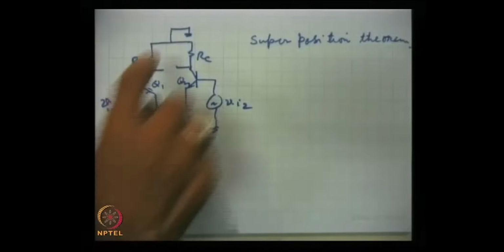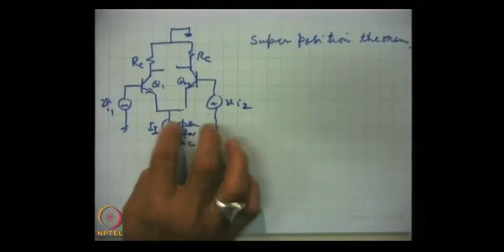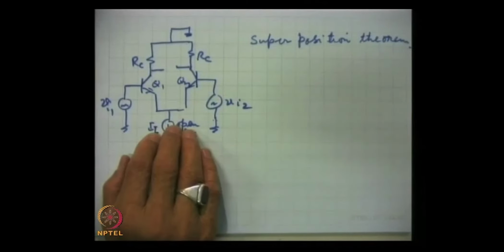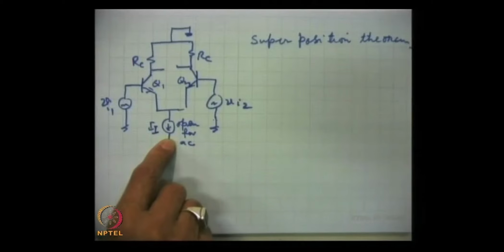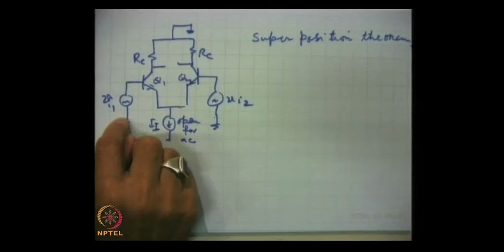I repeat, to study this differential amplifier in which DC sources have been grounded and this constant current source is open for AC, that means no AC will propagate here, we apply the superposition theorem. Superposition theorem is that we take one input signal as active initially and we study what will be the output, what will be the gain.